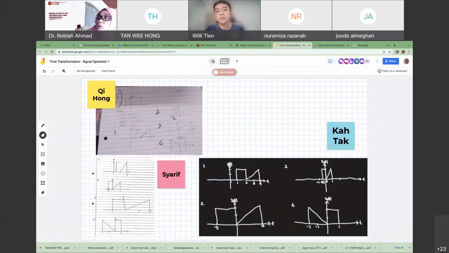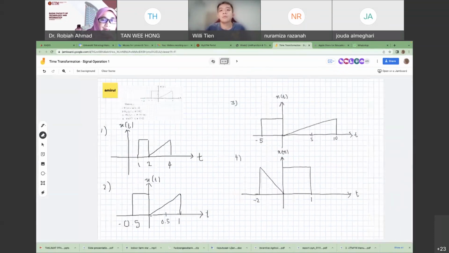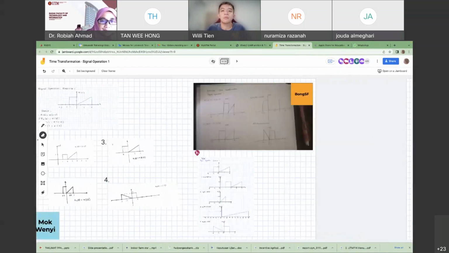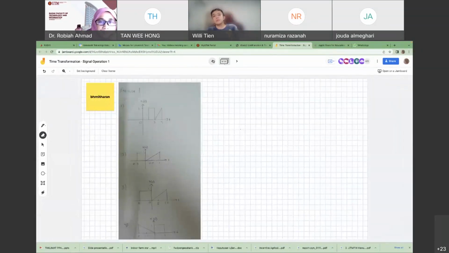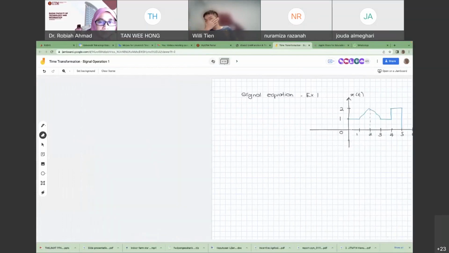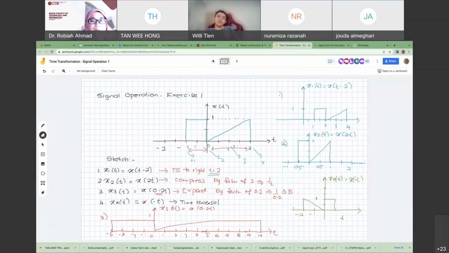So let us go to, we have a few minutes. I actually have many examples, but no time. So let us go to the second example. I have to make another Jamboard, because it is 20 pages only.